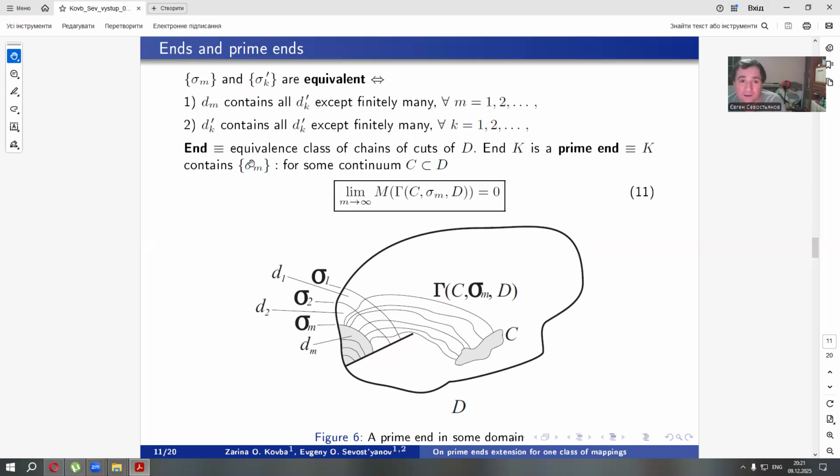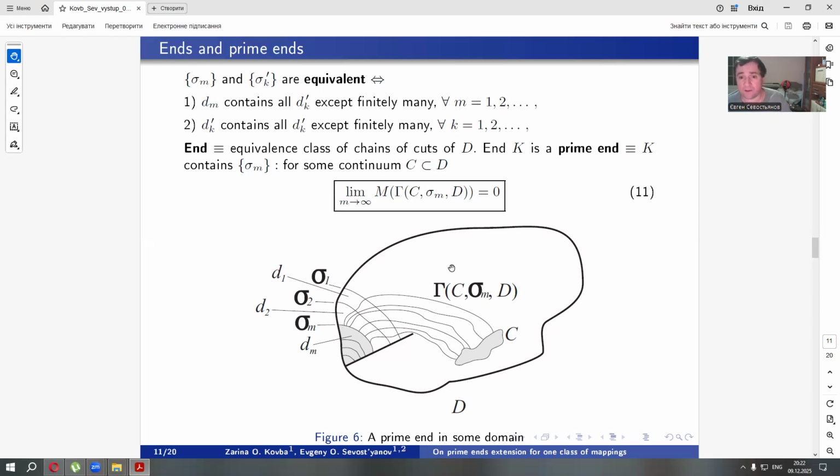And K is defined as an equivalence class of chains of cuts in D. And K big is a prime end if and only if, firstly, K is an end, and secondly the relation 11 holds for some continuum C in D. We see on the picture some continuum C. So if we have the sequence sigma 1, sigma 2, sigma m, etc., we join C with sigma m by a path.